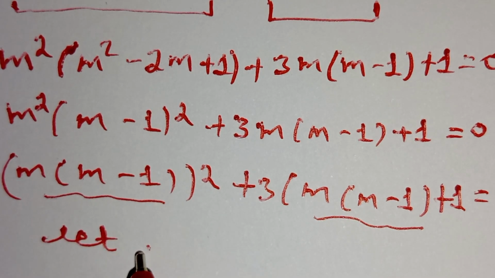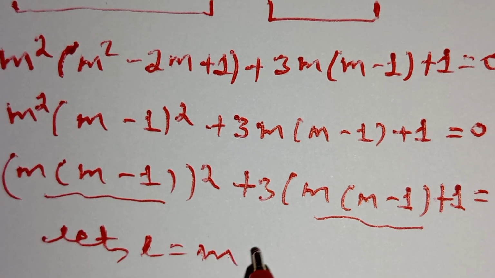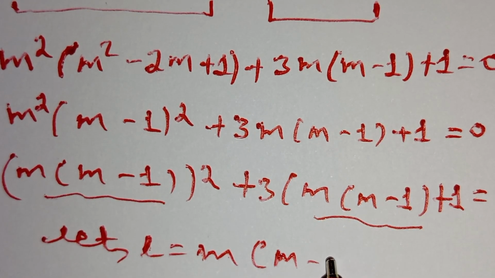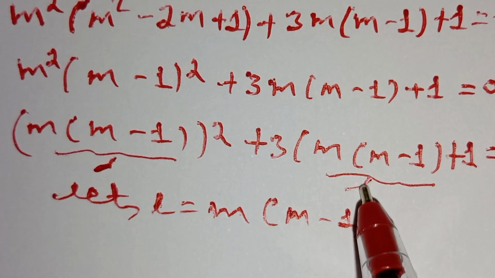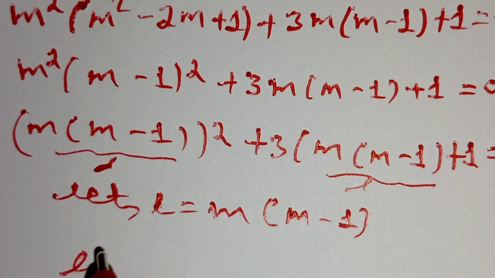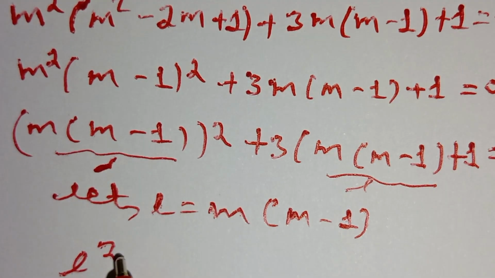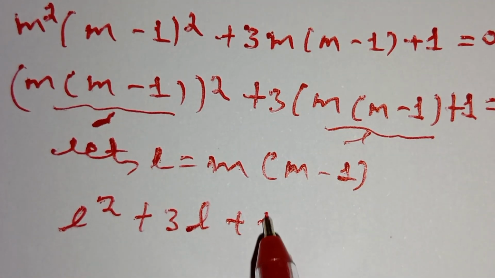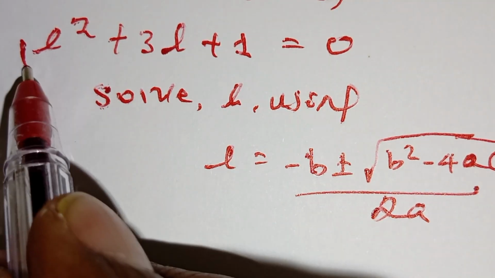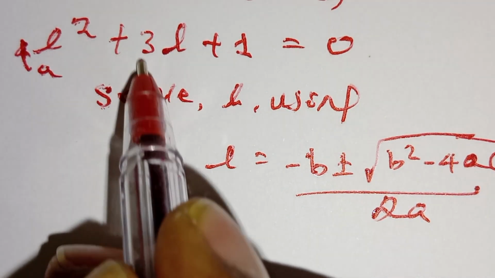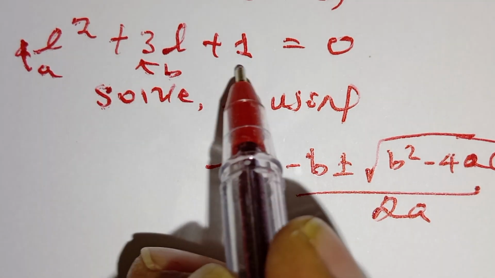Let L equal m into (m minus 1); then L square plus 3L plus 1 equal to 0. So here is A, here is B, here is C.